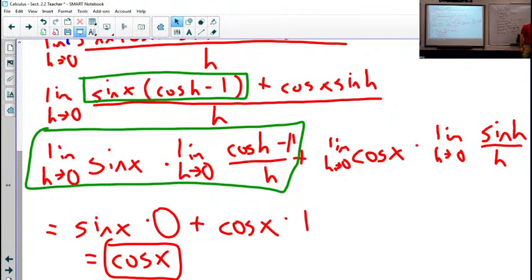And we can do something very, very similar for cosine using the sum identities and these limits, except the answer is going to be slightly different.